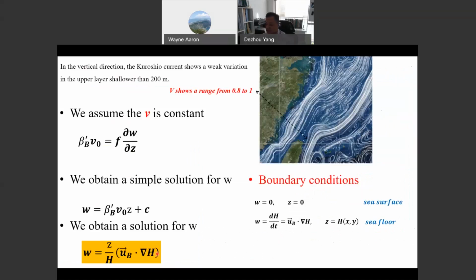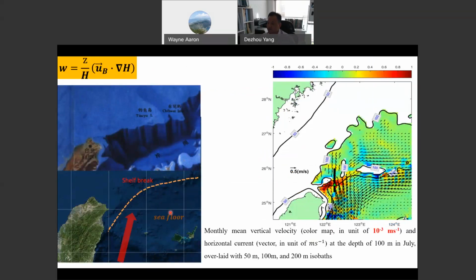It means that if the Kuroshio current meets the shelf break, it will induce a very strong upwelling, because in this area the gradient of the topography is northward, and the velocity is also northward. So this term is positive.